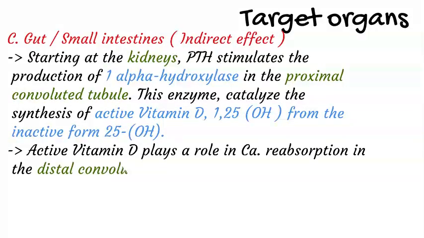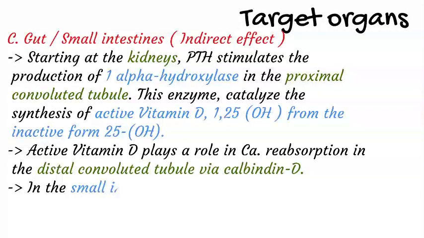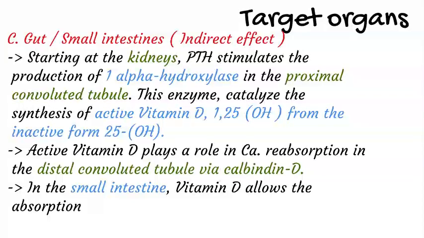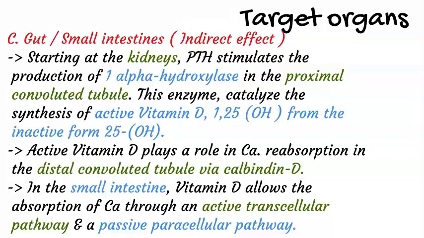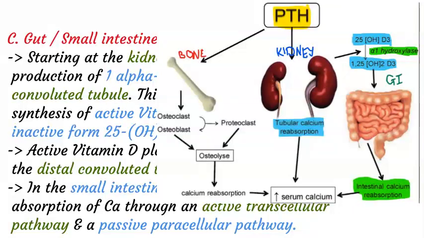The active vitamin D plays a role in calcium reabsorption in the distal convoluted tubule via calbindin D. In the small intestine, vitamin D allows the absorption of calcium through an active transcellular pathway and a passive paracellular pathway. This picture illustrates the indirect effects of parathyroid hormone on the GI system to increase the serum calcium level.